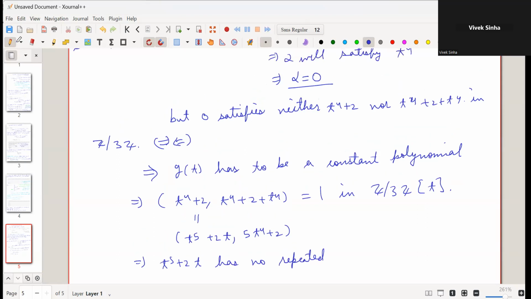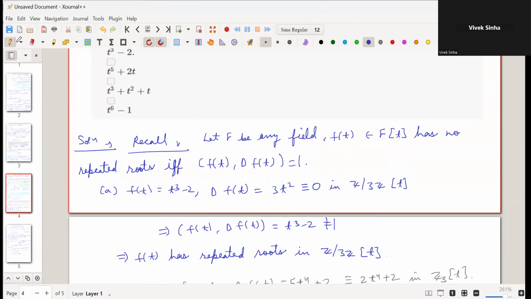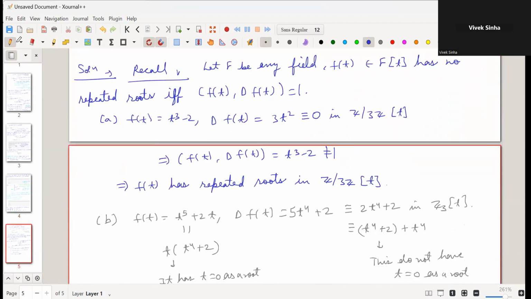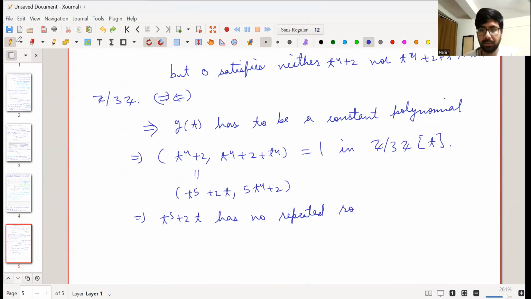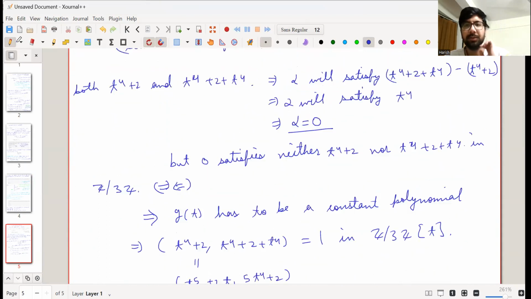The lemma says that it has distinct roots if and only if there are no repeated roots, if and only if the GCD is 1, and here the GCD is 1, that's why it has no repeated roots in Z mod 3Z[T]. So I will re-explain it, no worries.